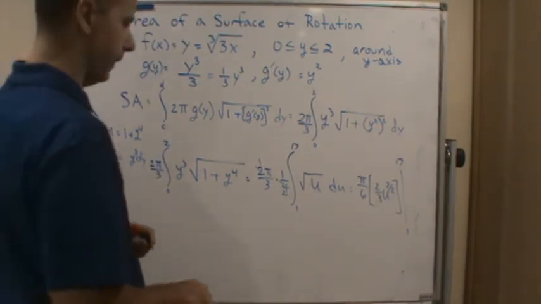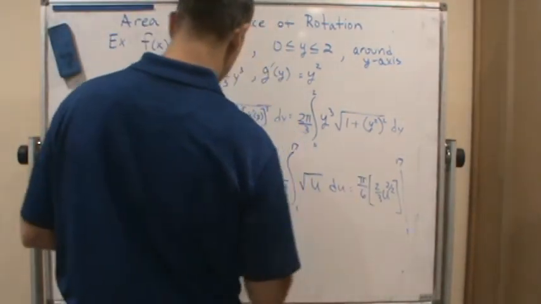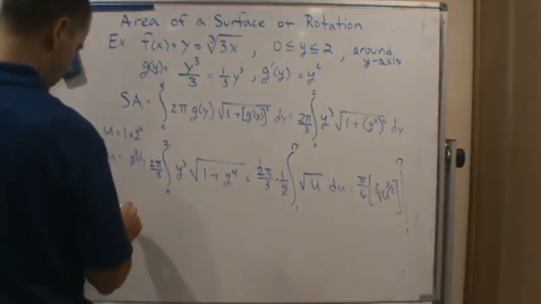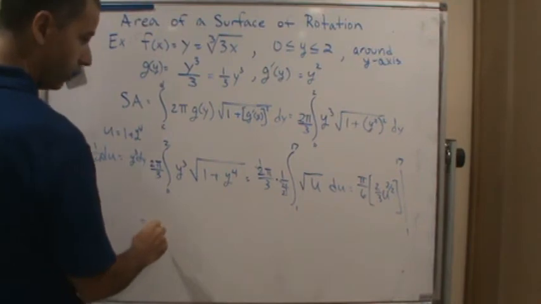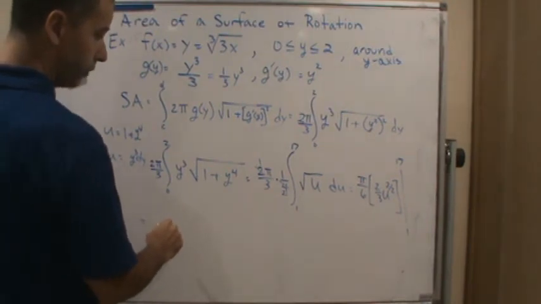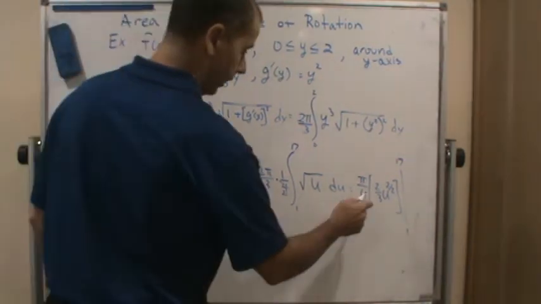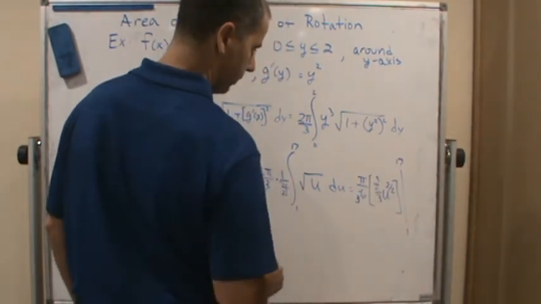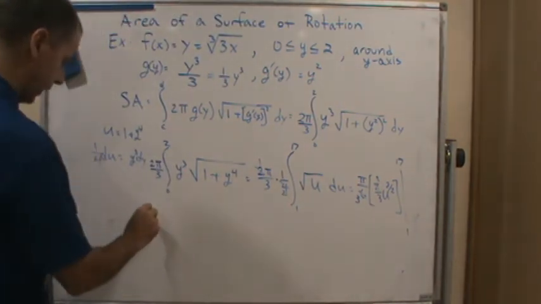And now I'm going to evaluate. I can pull the 2/3 out, and this cancels with this, and that gives me 3. And so that's going to give me pi over 9.